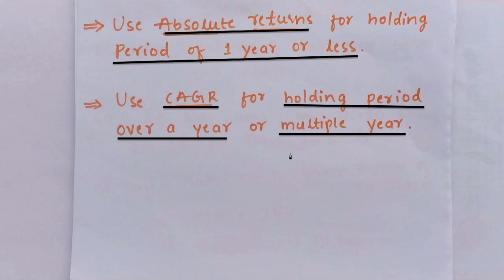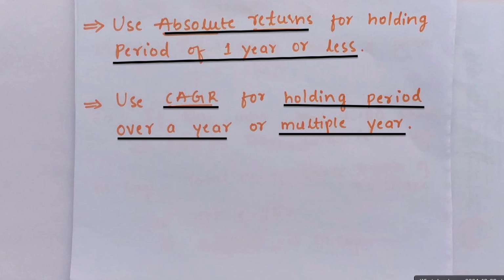And CAGR is used for a holding period of multiple years, or the share that you hold for the long term, over a year.